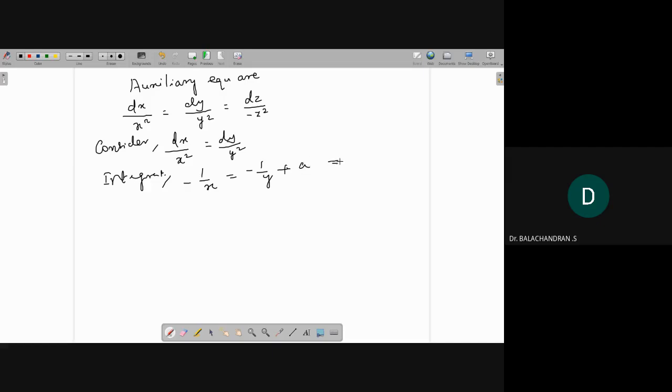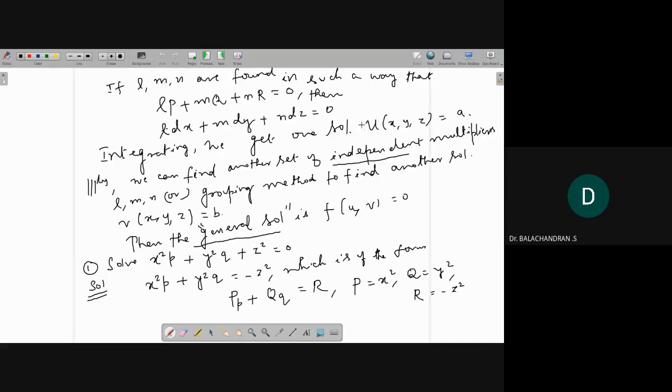So this implies a equal to minus 1 by x plus 1 by y. This is u. I told you that we get the solutions u of x, y, z equal to a, and v of x, y, z equal to b. Now we got one solution.